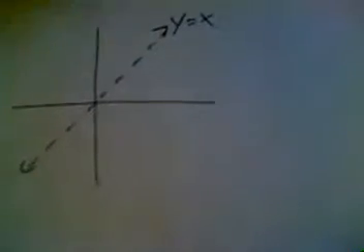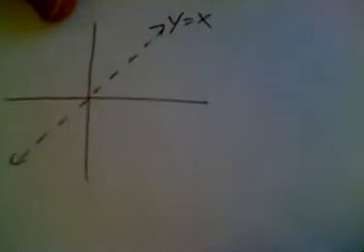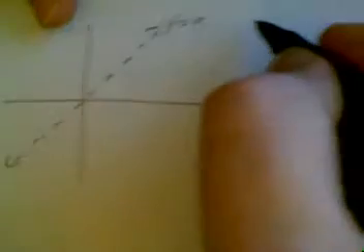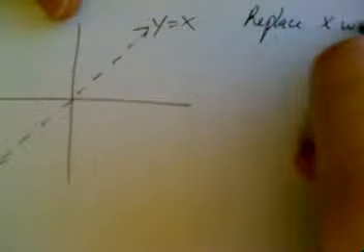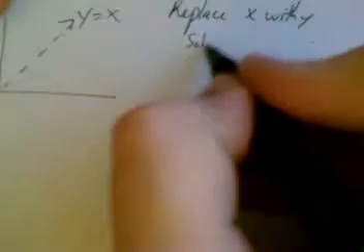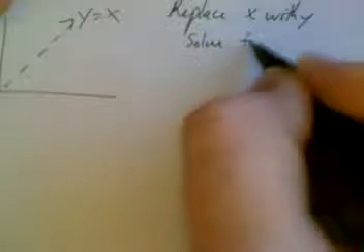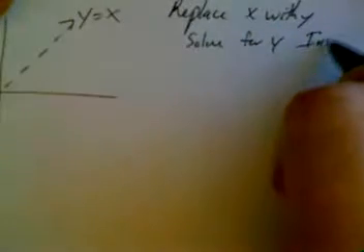Remembering that in my problem, I can replace x and y with y and x, and I can solve for the new y. That will give me my inverse equation.